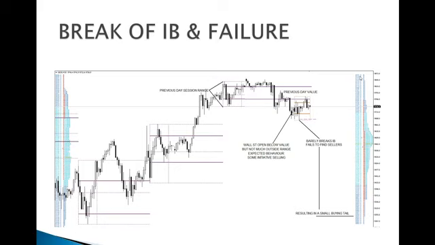Well, in that case, I would say that you're not looking at a neutral day, but you're actually looking at initiative buying and picking up some orders in order to push the momentum higher.